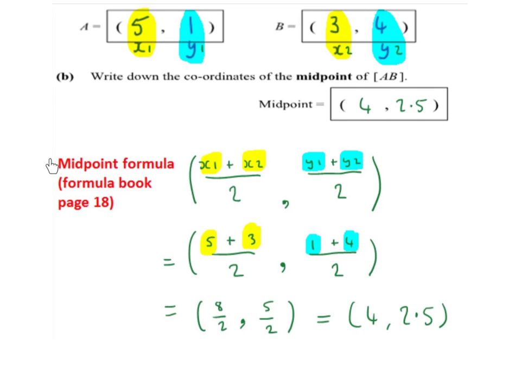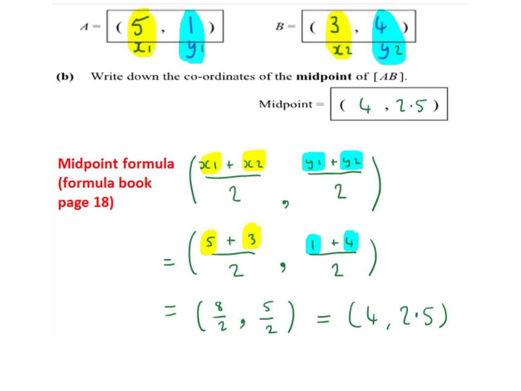And the midpoint formula is bracket, (x1 plus x2) divided by 2, comma, (y1 plus y2) divided by 2, bracket. So we're going to take our point A and label it x1, y1. So the 5 is x1, the 1 is y1. And we take our B point and we label it x2, y2. So the 3 is x2 and the 4 is y2.